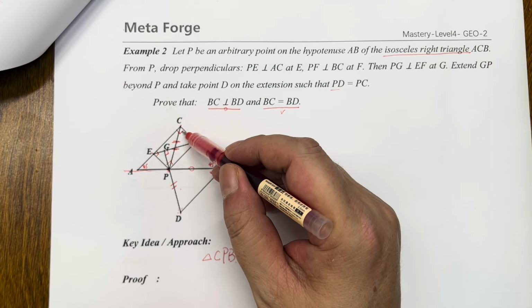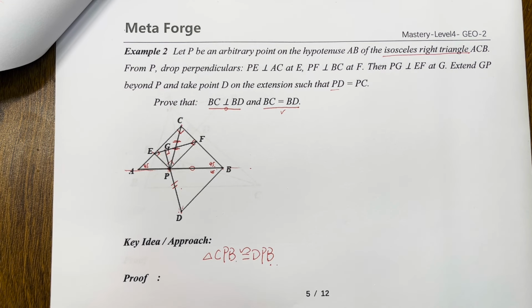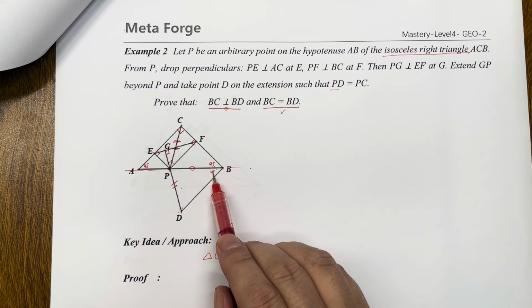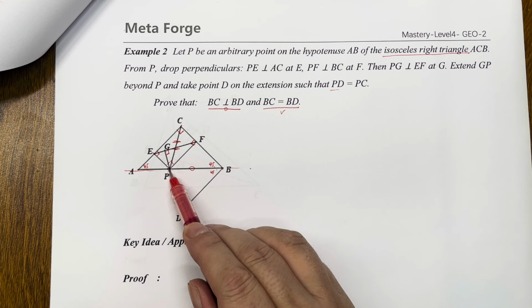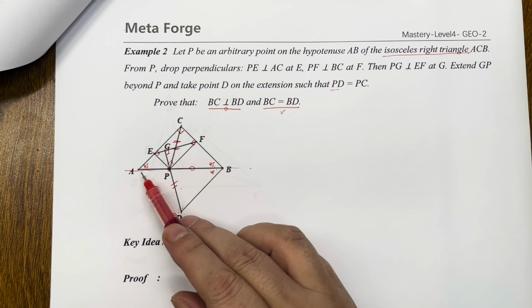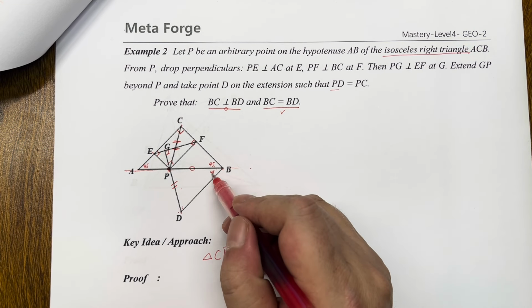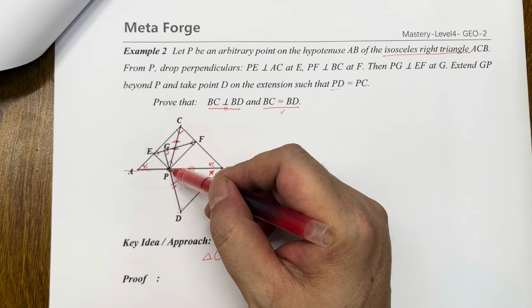You must find an equal relationship of three pairs of angles. This 45 is very difficult because P is an arbitrary point on AB. Okay, so this 45 is very difficult, because P is any point.